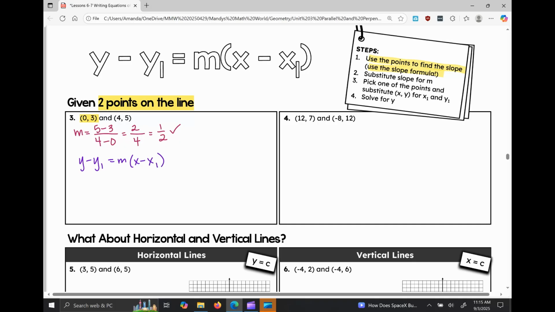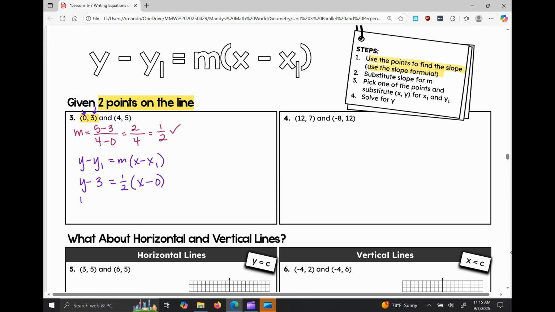And now I'm going to plug in the parts of this where they go. So y minus y1 would be y minus 3 equals, slope is 1/2, times x minus x1 is x minus 0. And now we're just going to simplify this and solve for y.